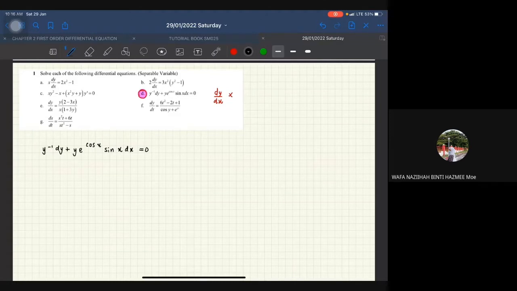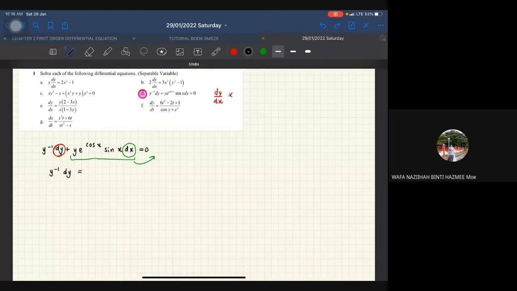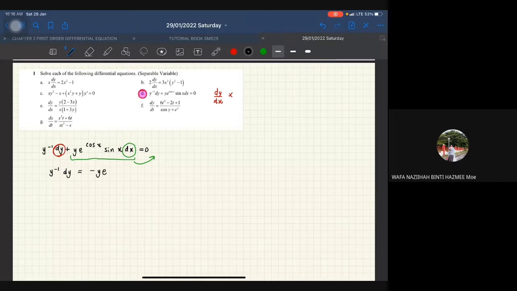Okay, so kebiasaannya kita akan letak y dekat sebelah kiri. Okay, so let dy ni stay dekat belah kiri. Okay, so dx yang ini, the whole term, kita bawa dia ke sebelah kanan. Okay, so awak akan dapat y^-1 dy is equal to negative y e^cos x sin x.